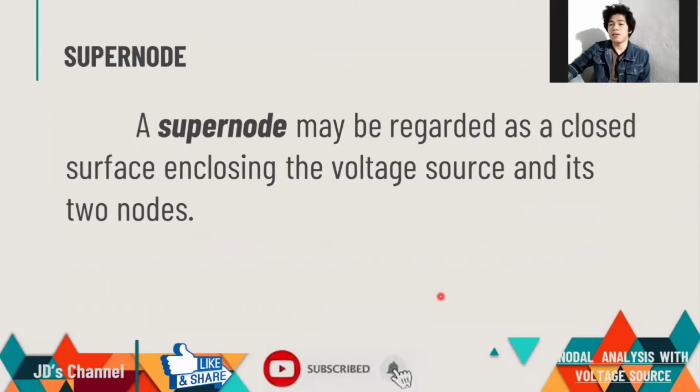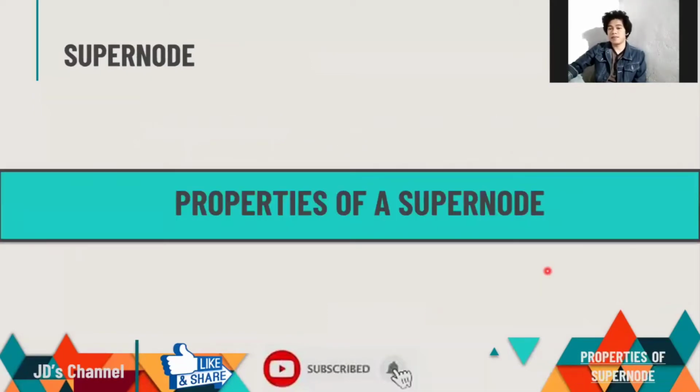And then, also another one, a supernode may be regarded as a closed surface enclosing the voltage source and its two nodes. Okay? Ayan. So, doon na tayo sa properties of supernode class.